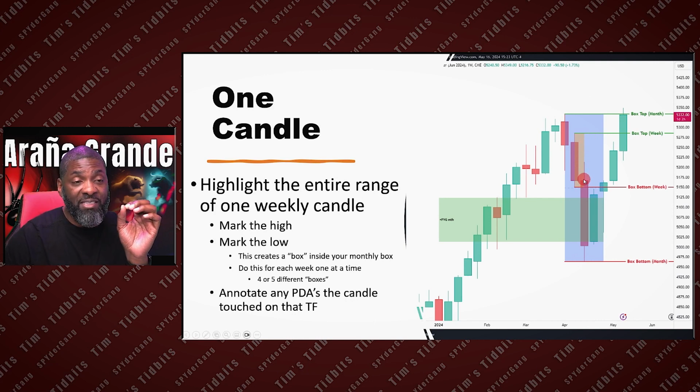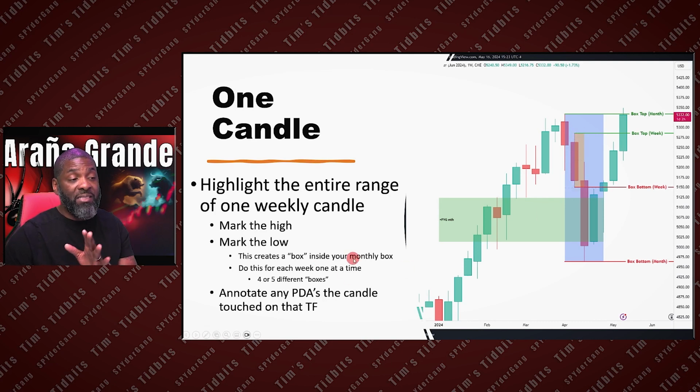When you come to the weekly time frame, you're going to start with week 1. But I highlighted week 2 because the high of week 1 was the same high as the month, and I didn't want to have any confusion. I want you to be able to visually see what I'm doing. So I highlight the second week, I mark out the high and I mark out the low.